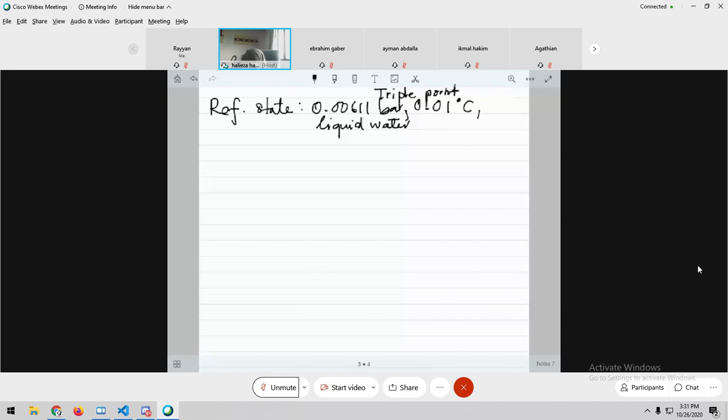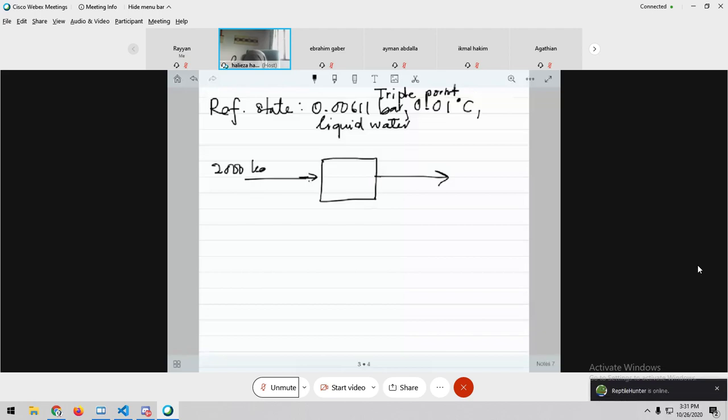Now let me draw the same diagram again, because initially it was really crowded on the first page. I want to show you this is the enthalpy that we got just now.